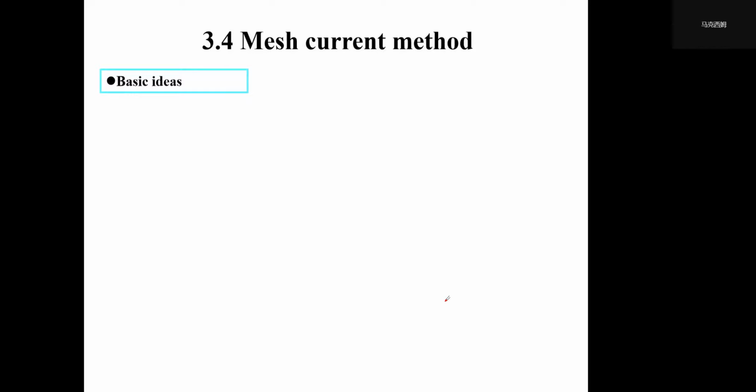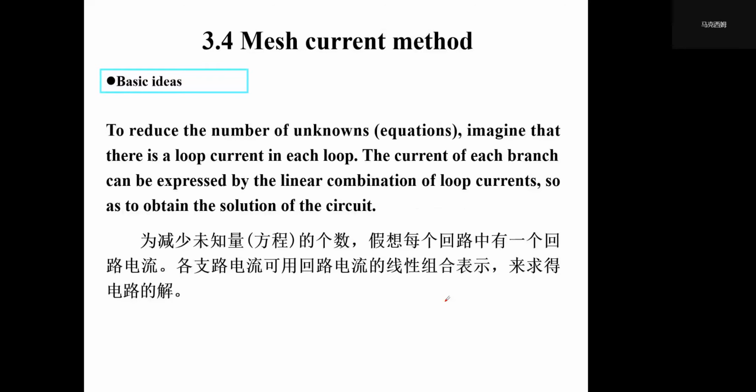So now we try to explain it. The basic idea of this mesh current method is to reduce the number of unknown variables. So imagine that in every loop there's a loop current, and all the branch currents could be represented by a linear combination of the loop currents.